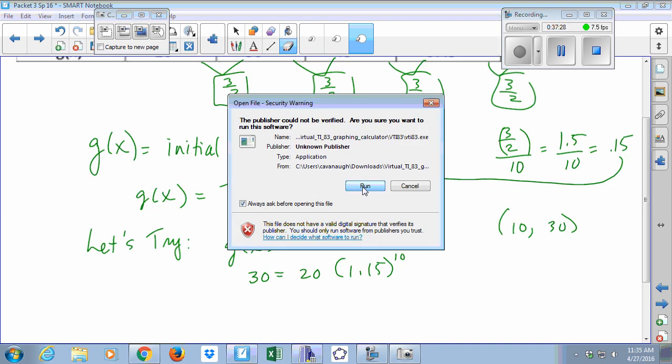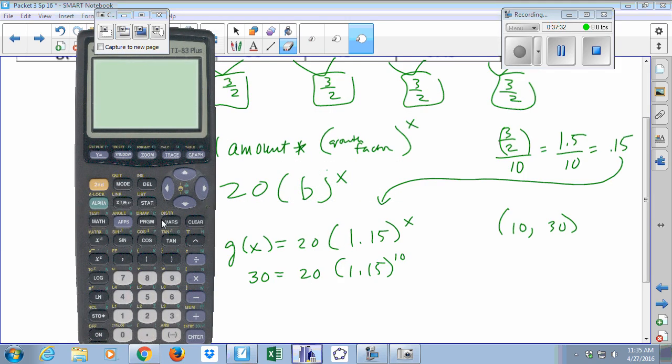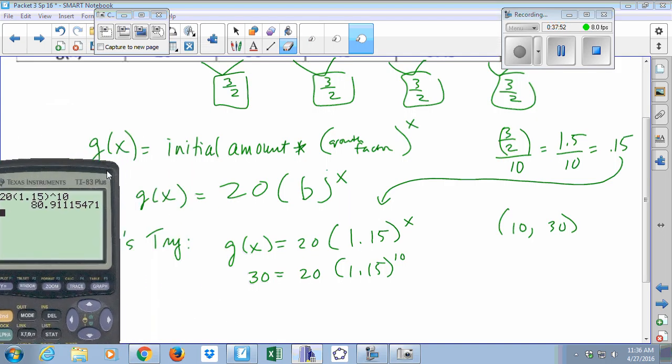So let's try it. 20 times 1.15 raised to the 10th power. Let's see if it gives us the golden 30. Oh, it's way too big. Shucks. That would have been nice, right, if it worked?